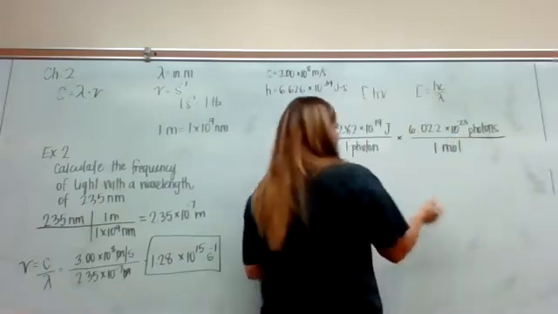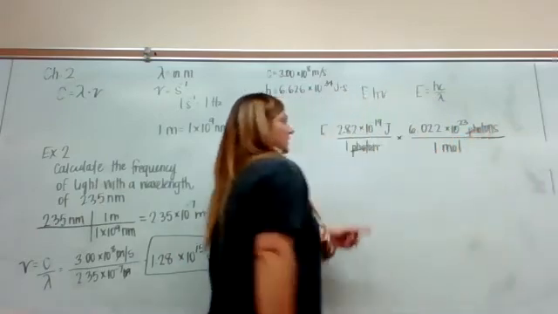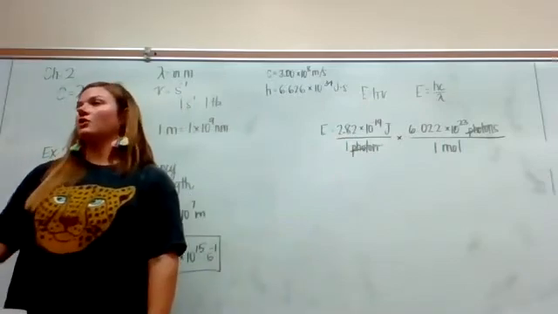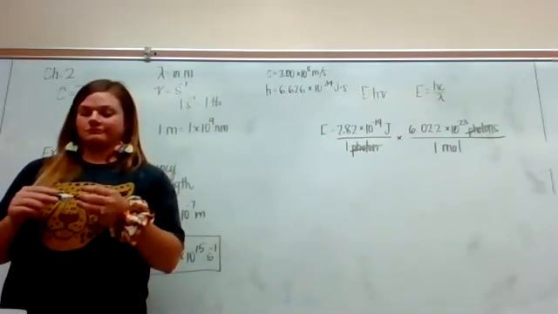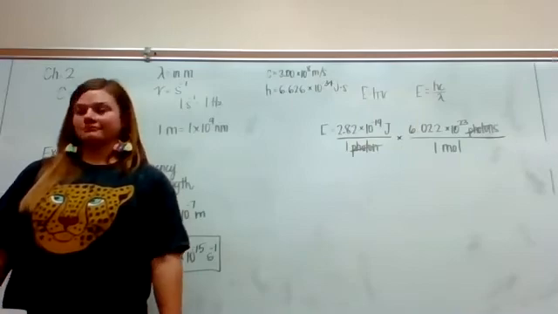So your photon cancels, and then you'll have joules per 1 mole. It's like you're going to atoms basically, but it's still a photon.